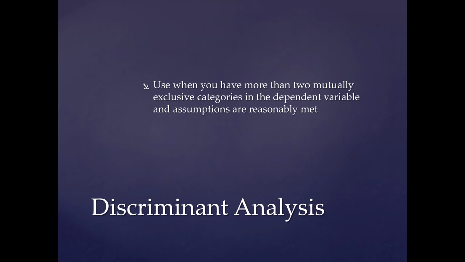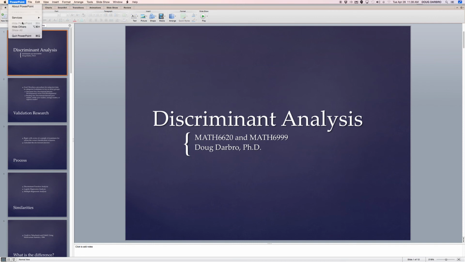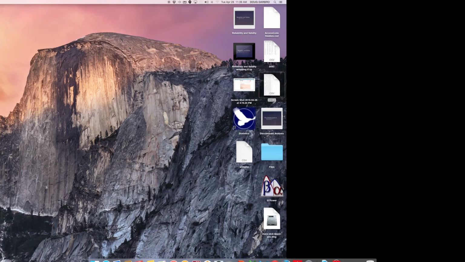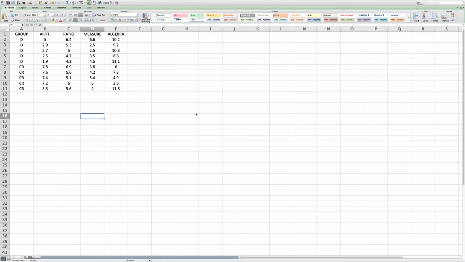Okay. Now I'm going to close this down, and I've got a couple of examples here. A couple of data sets. The first data set I have here is something that I collected from some placement data, and the beauty of this example is it would work in logistic regression or discriminant analysis, because what we're doing is trying to predict group membership.